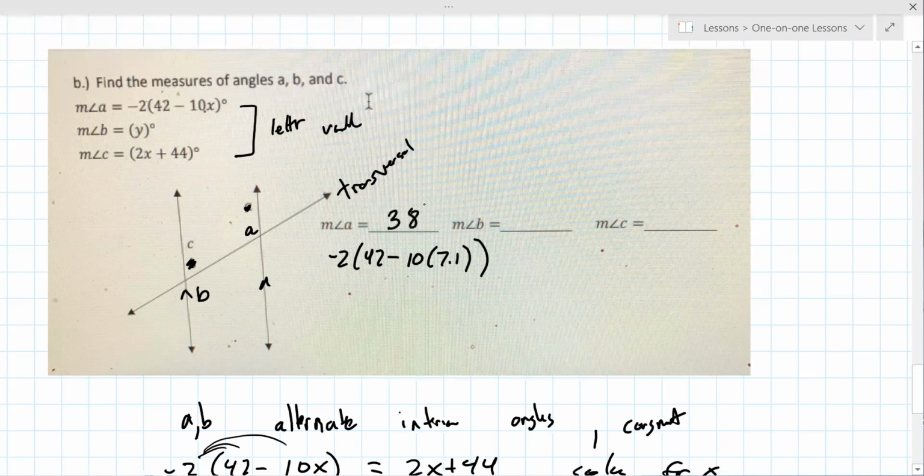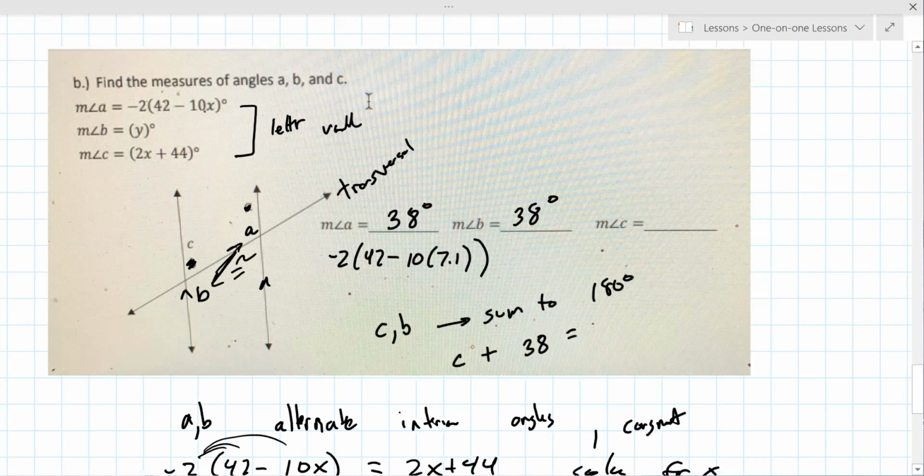So this is about 38 degrees. And if you know that these two are congruent, well, then you know that's also 38 degrees. But the measure of angle C and B, they are on a straight line. So they sum to 180 degrees. So it's measure of angle C plus 38 has to equal 180.